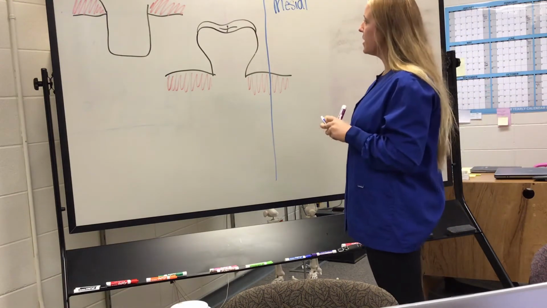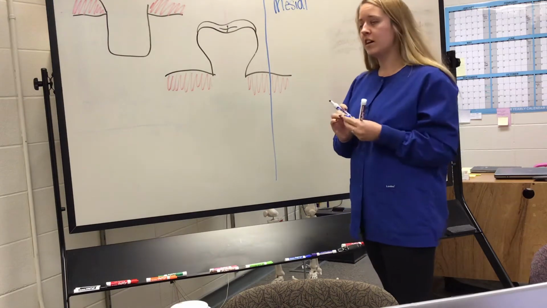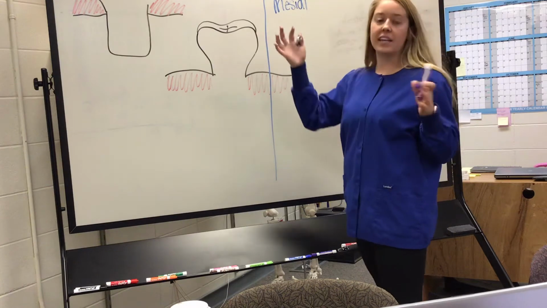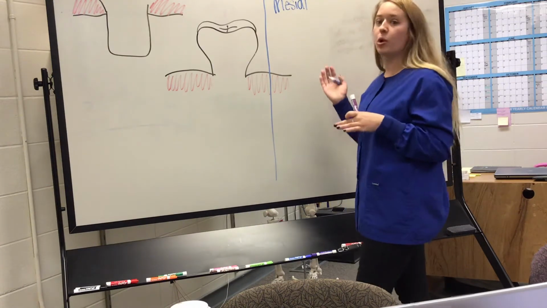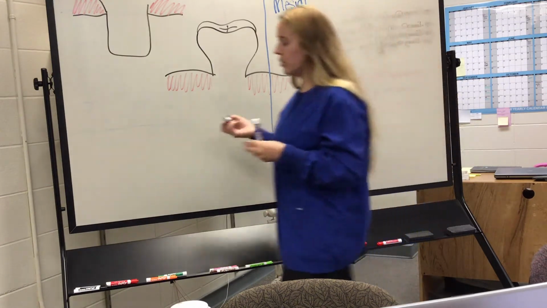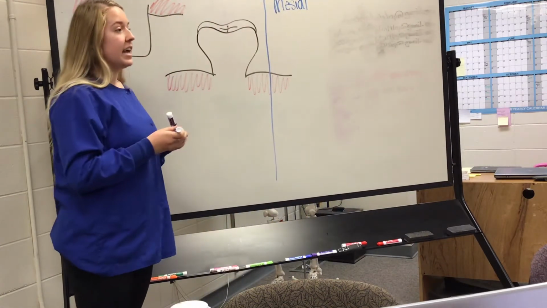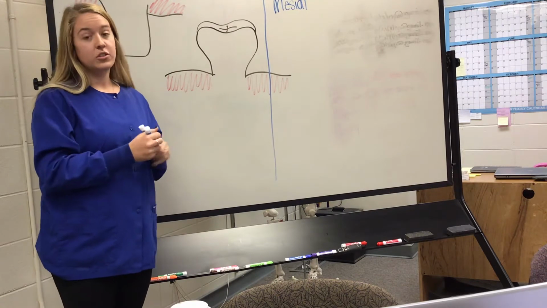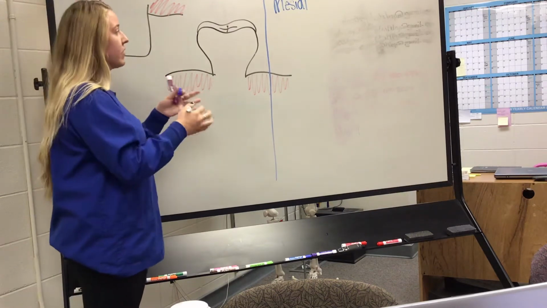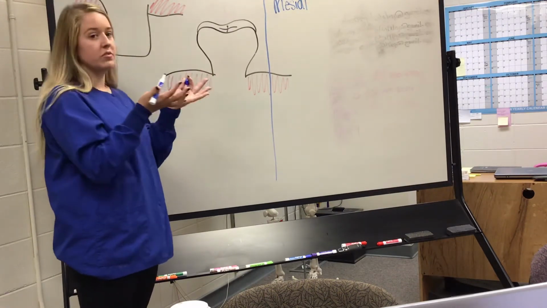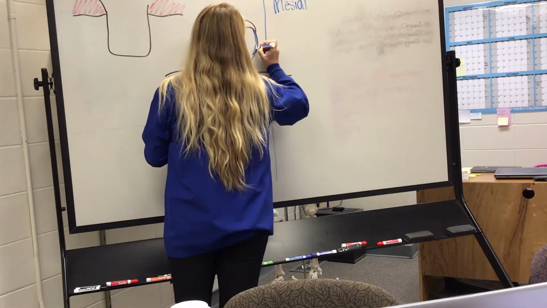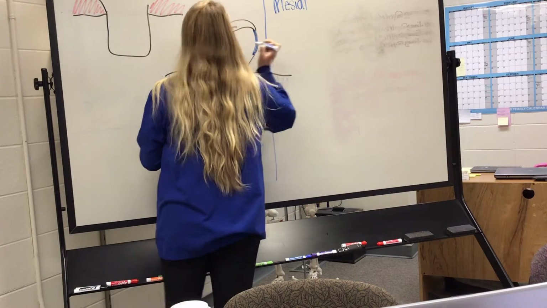So with that being said, mesial is going to be our first surface. And mesial, I always think of mesial midline. So I think of mesial being towards the midline. So if I were over here and I were looking at this tooth and I needed to find the mesial surface, I would find my midline first of all and then know that my mesial surface is towards the midline. So this is going to be my mesial surface.